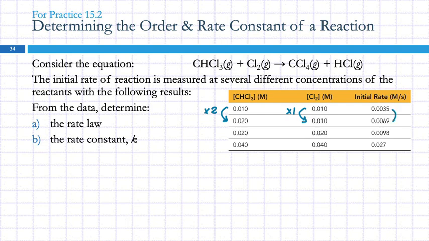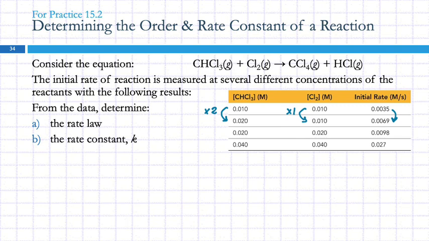And then what's happening to the rate? And you're like, well, let's get the calculator out. It's okay. 0.0069 divided by 0.0035 is 1.97. Well, so this is more realistic data where we don't always get perfect numbers. 1.97 is really close to what? 2.